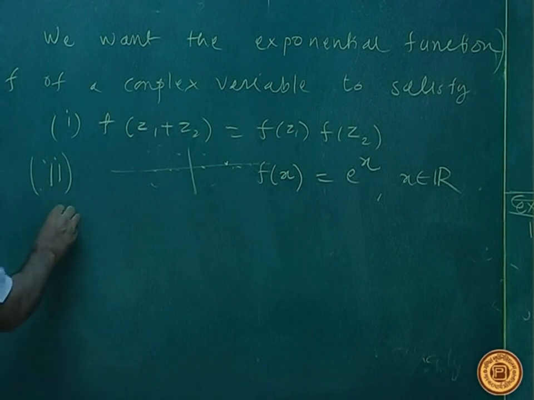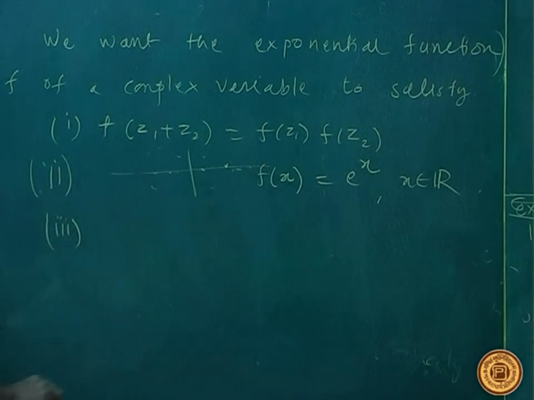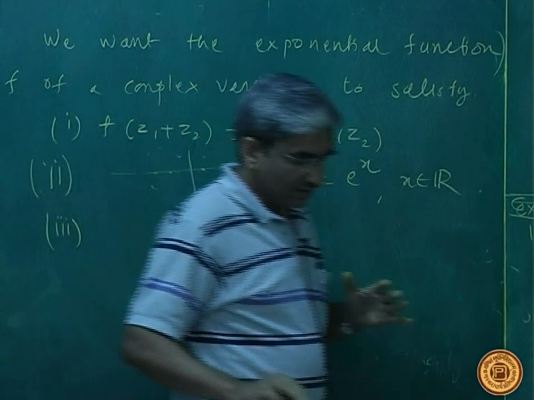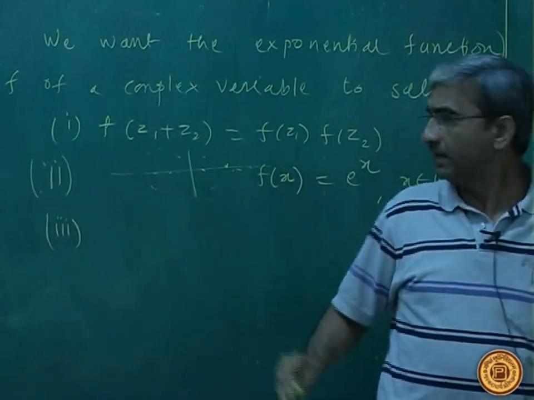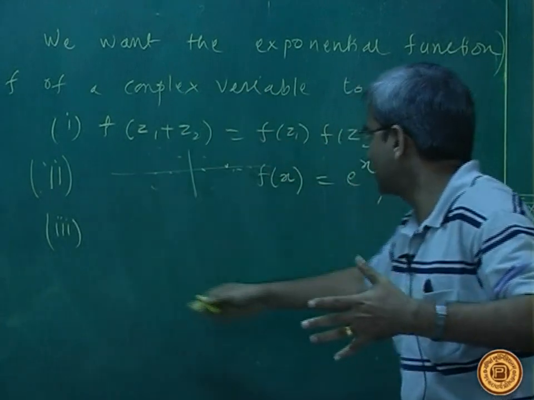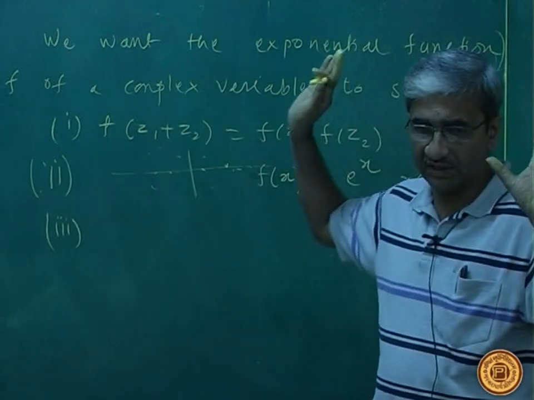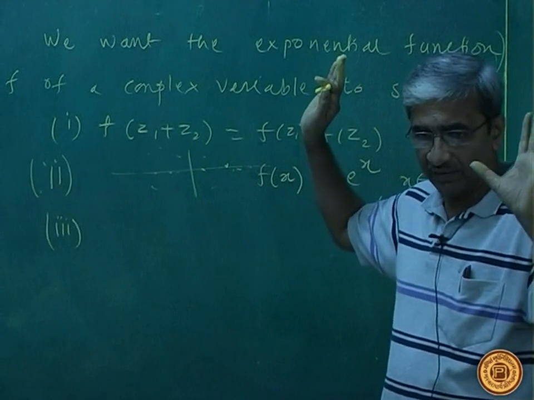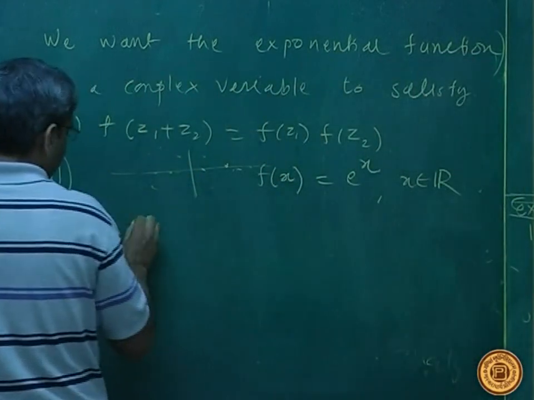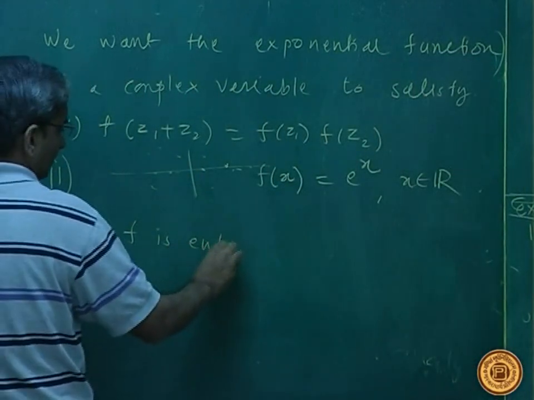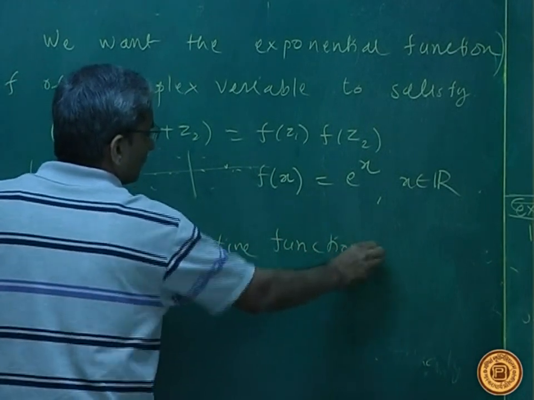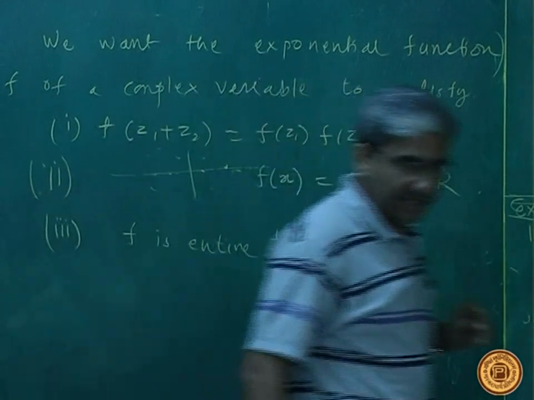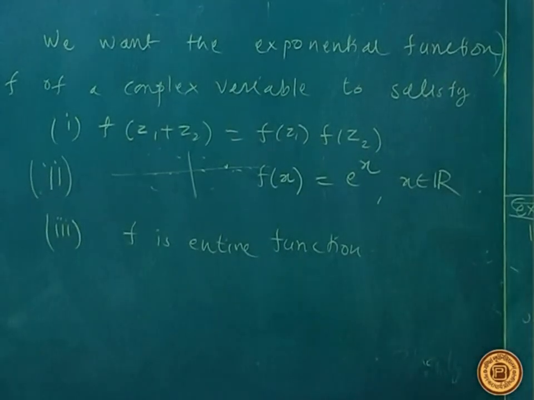And the third property we want is that, like in the case of R, where it is differentiable everywhere on the real line, here we want this function f to be an entire function, that is, analytic everywhere in C. So f is an entire function. These are the expectations from the exponential function of a complex variable.